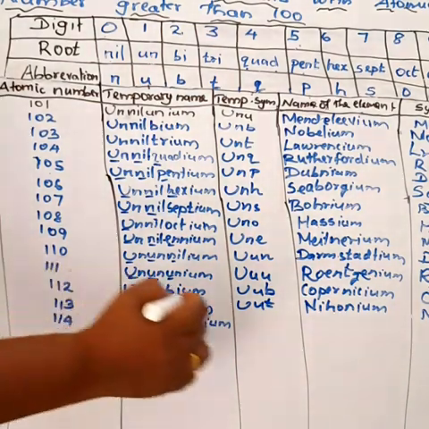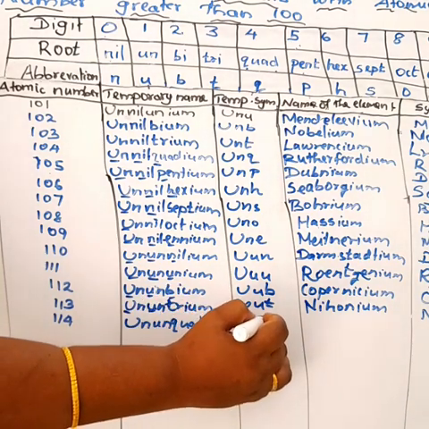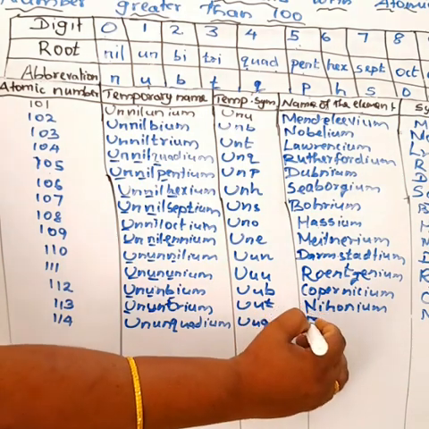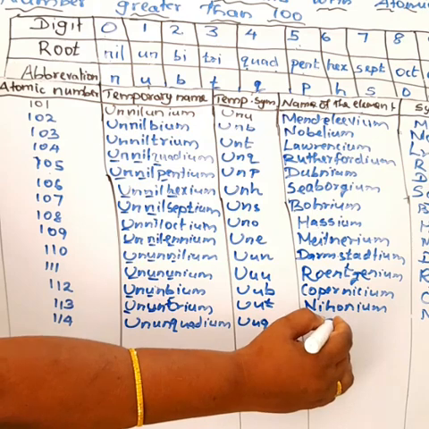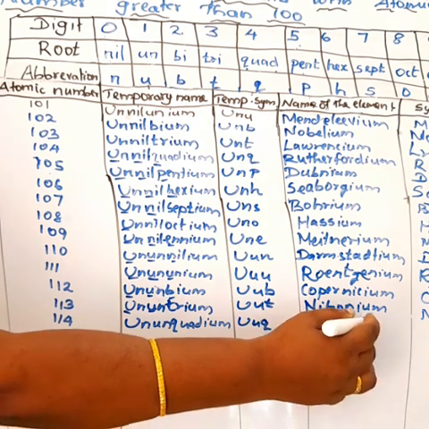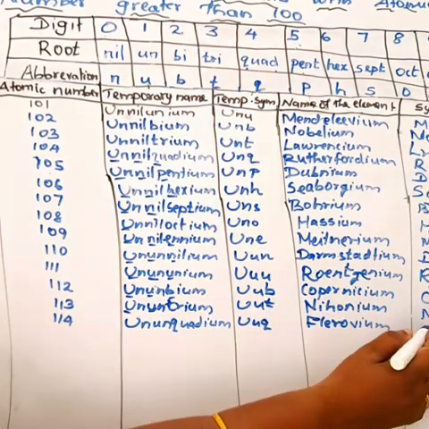Temporary symbol U for un, again U for un, and Q for quad. Understood? And what is the element name? 114 element name flerovium, symbol Fl.